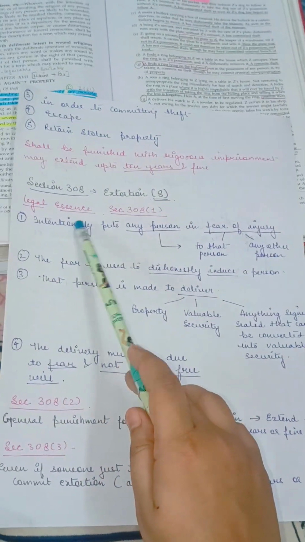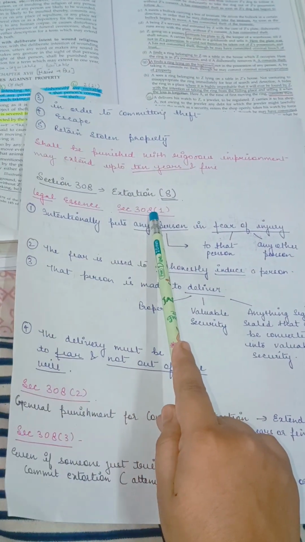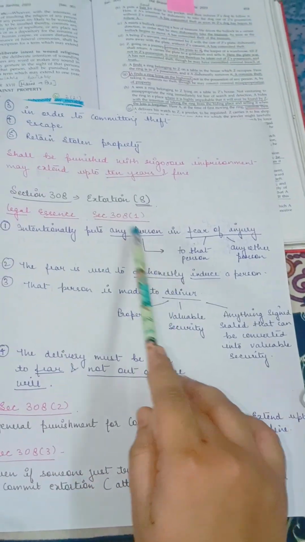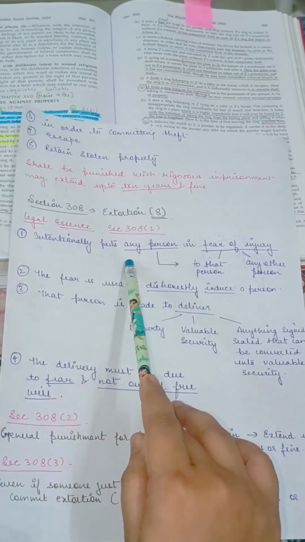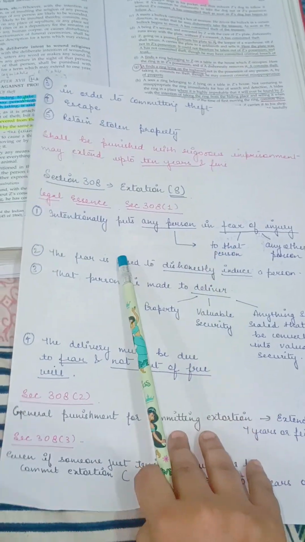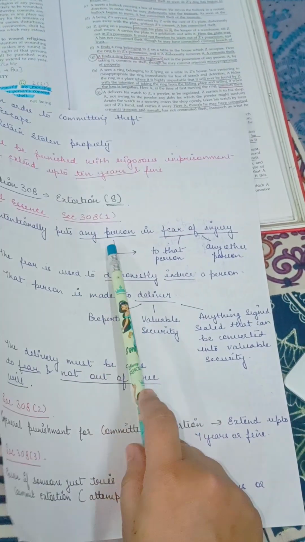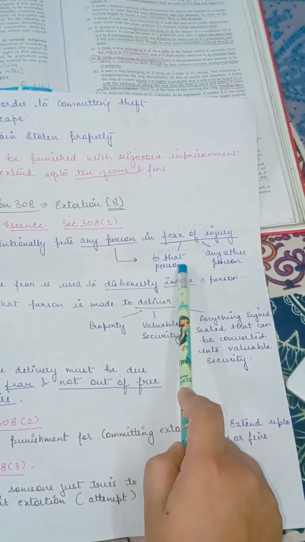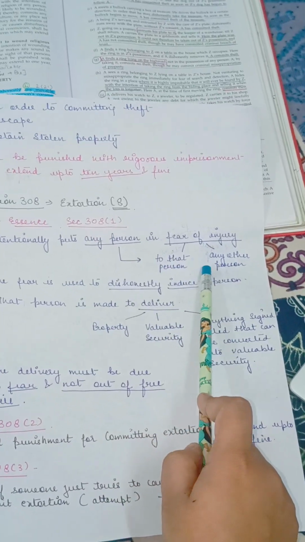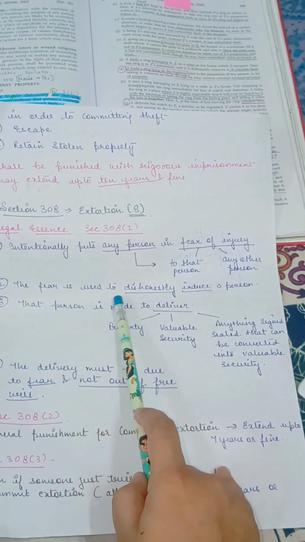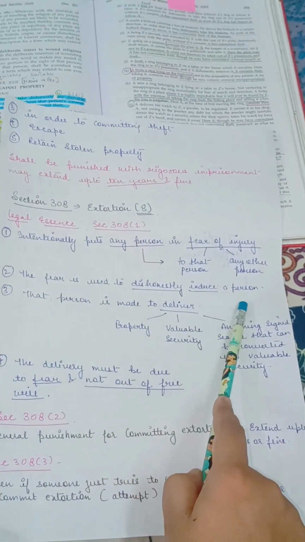Now let's talk about section 308, that is extortion. The mnemonic for that is 8. What is the legal essence? Intentionally putting any person in fear of injury, whether to that person or to any other person. Second, the fear is used to dishonestly induce a person.